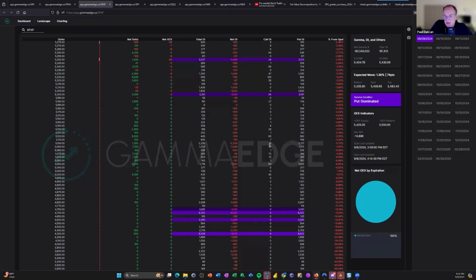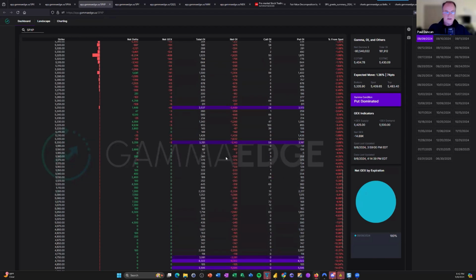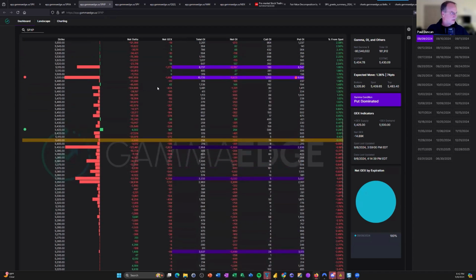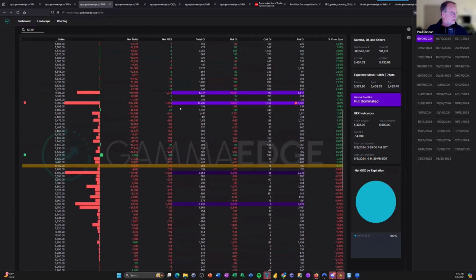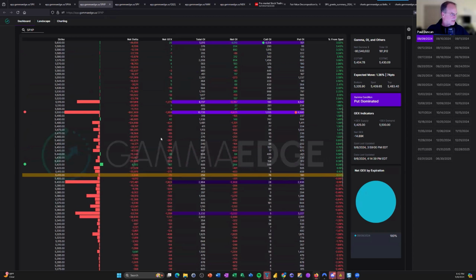So what this means is that there is a range, and I tell everyone, look at just the gamma function here, and where this thing starts budding out is where effectively you're going to have some charm. Now, what is charm? What's actually happening here? Well, where those contracts are not limited yet, they haven't hit their maximum delta values, charm exists. And charm can work in our favor or it can work against us.